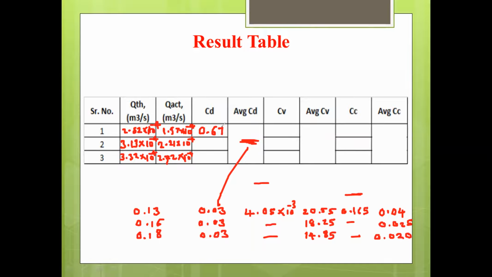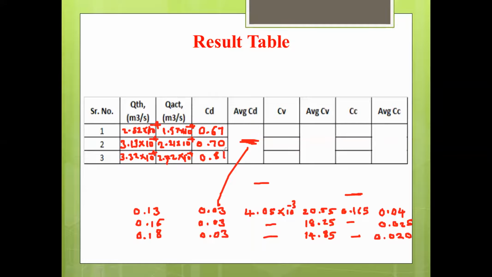Then second, 2.21 divided by 3.13, and here I got the CD as 0.70. Next, for the third reading, 2.72 divided by 3.32, and I'm getting the CD as 0.81.